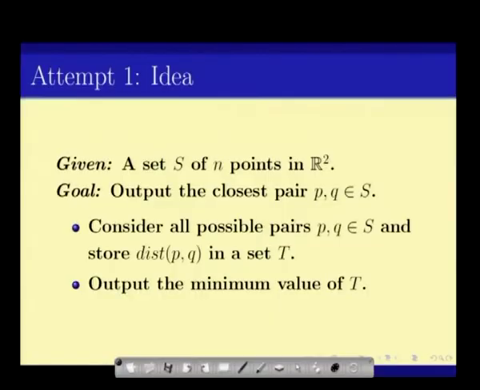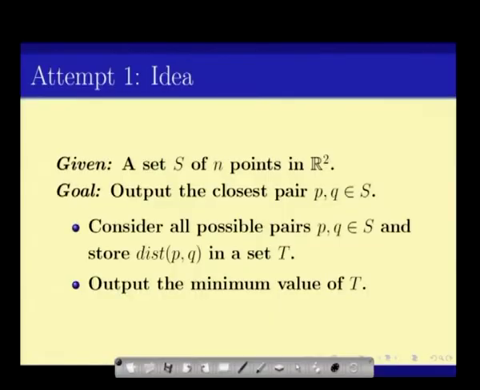So, let us see what can be the first attempt one can think of, just as in the case of the line setting, where we were given only numbers. In that case we were just given the x coordinates and asking for the distance between two numbers. One can just consider all possible pq pairs. You pick one pair p q and compute the distance between those two.